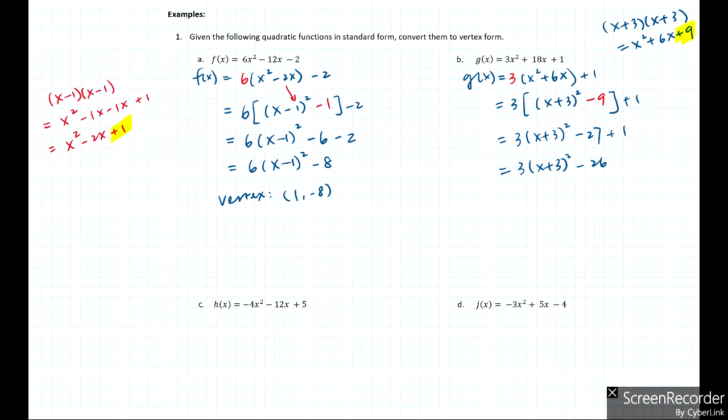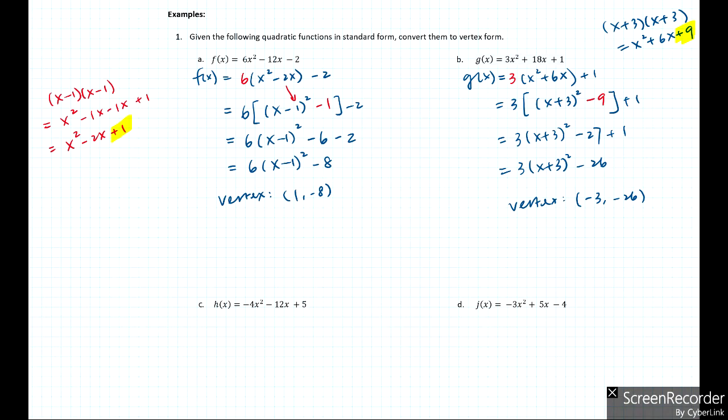And again, a good practice is to think about if you had the vertex form, what's going to be the vertex over here. So just as a bonus note, we have, in this case, negative 3, negative 26 being the vertex. Remember, the x-coordinate of the vertex is always the opposite of what we have in the second term of the binomial, because we have x minus h in the vertex form.